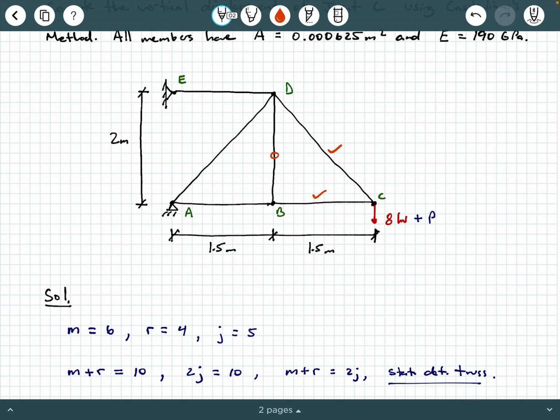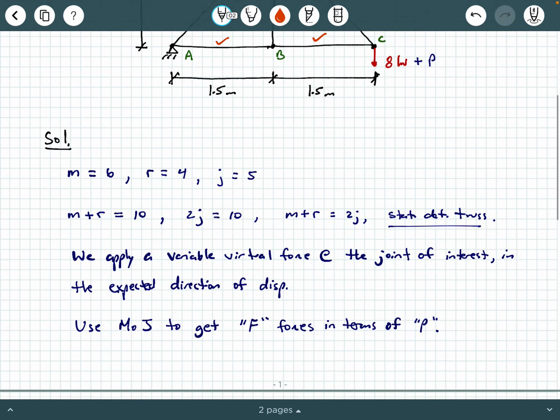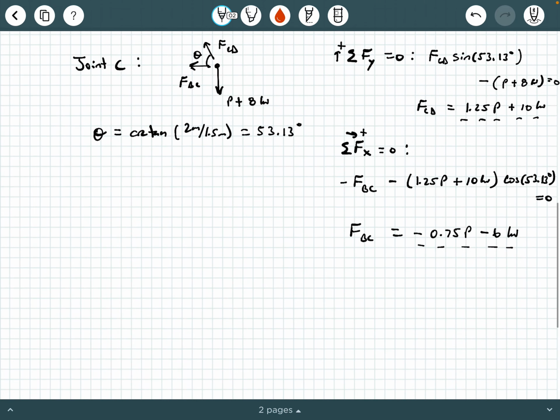Now, also again, by method of joints, which I'm not going to get into all the details, we can immediately go ahead and say, well, we know what FAB is. Well, how do I know that? Well, again, if we were to look at a free body diagram of joint C, we recognize that we had a zero force member here.